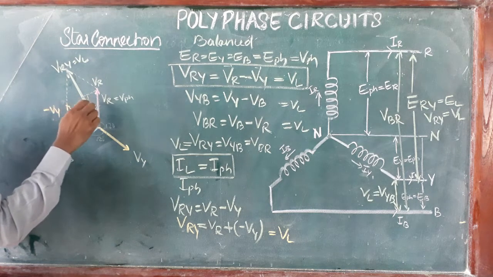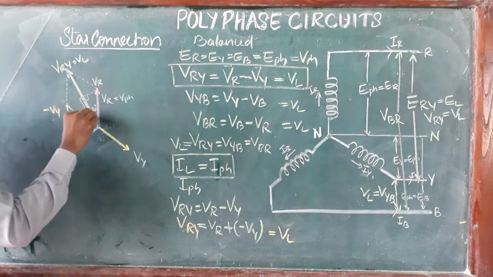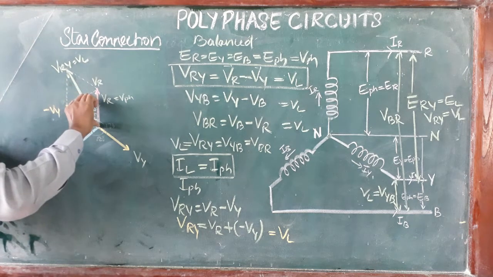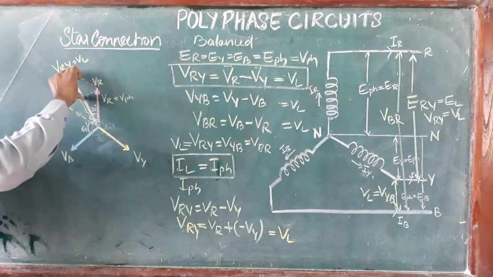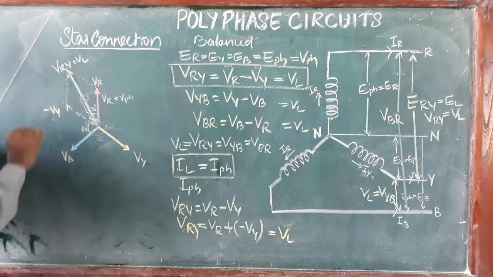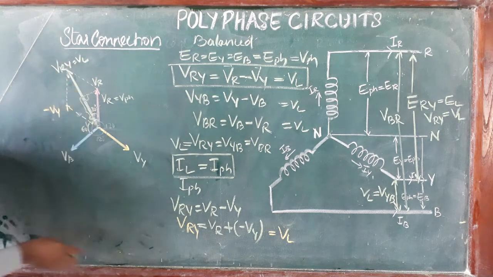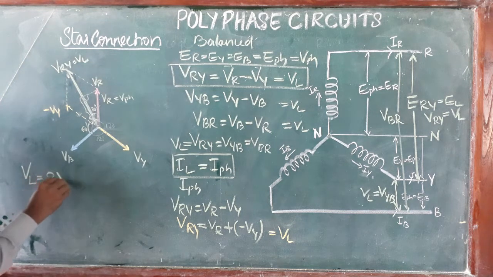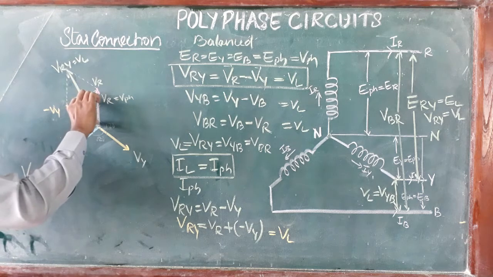We require this adjacent side. This much length we have to calculate. Once we know this much length, next multiply by 2, we will get the total. Or adding this one, we will get the total. Or 2 into this one. So VL equal to 2 into the adjacent side or cos component side.